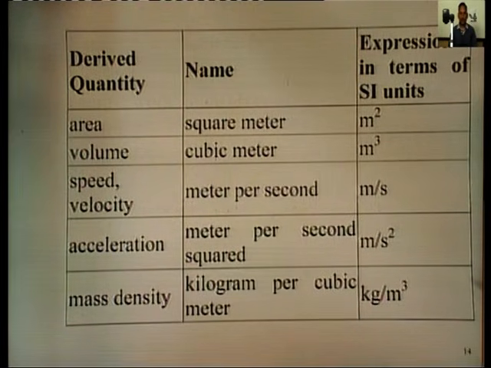Similarly, derived quantity for mass density is kilogram per cubic meter, and the expression in terms of SI unit used is kg per meter cubed.